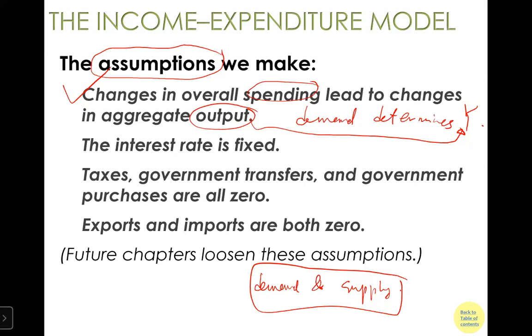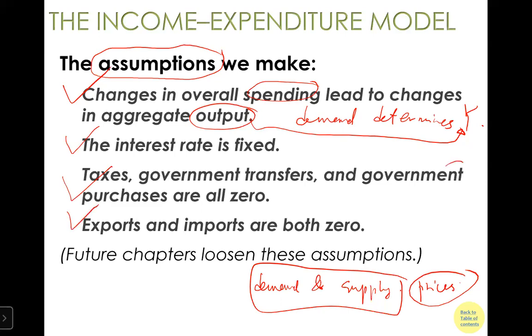Second, the interest rate is fixed. In the next chapter, we will relax that assumption. You're going to see the interest rate, or essentially price, determined in equilibrium. The third assumption essentially says no government. And the last assumption says no rest of the world.